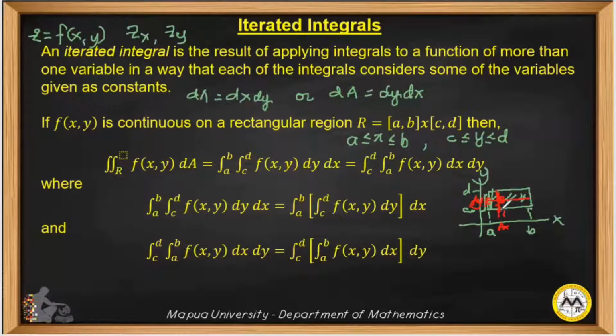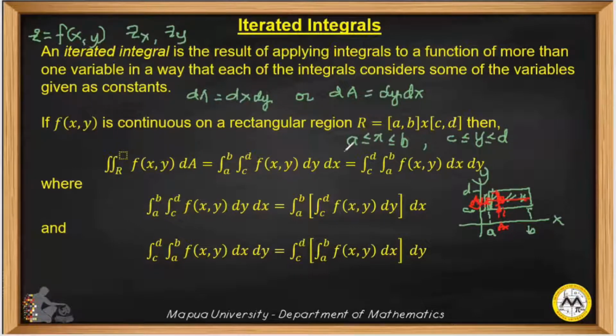So if it is dy dx, vertical first and then horizontal. On the other hand, if we have the differential of A equals dx dy, horizontal first from left to right, then lower to upper.